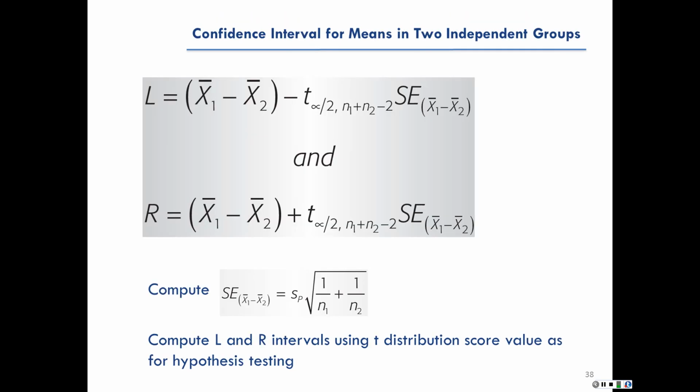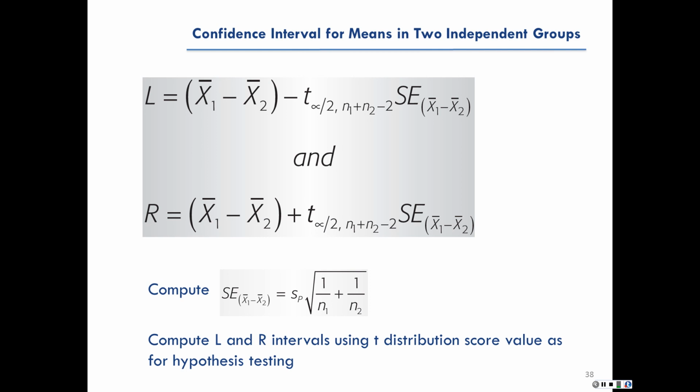So I'm not going to go into this in as much detail, but anytime you can do a hypothesis test, you can also construct confidence intervals. These are going to be similar to confidence intervals you've seen previously, with the differences being that on each side of the interval, you're going to subtract the mean of group 2 from the mean of group 1, and then you're going to plug in your t statistics just like you've done previously.